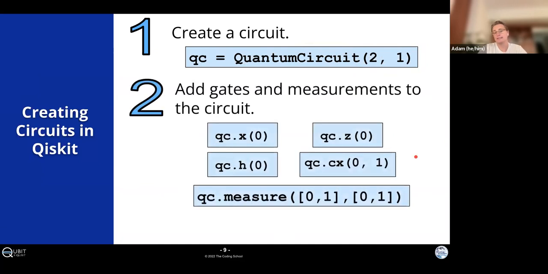Then we can add gates and measurements. These are the gates we've seen so far. We can do an X, an H, a Z, or a CX. And I know that the CX, the controlled X or CNOT gate, is something that we only saw very quickly and will take us some time to get comfortable with, at least in terms of what it does.